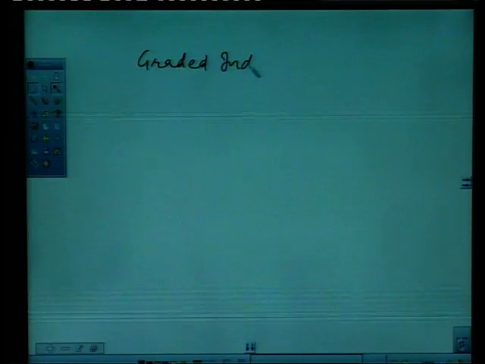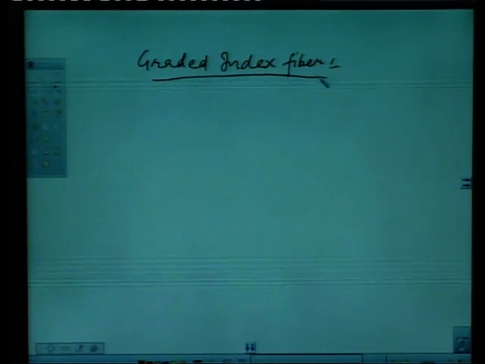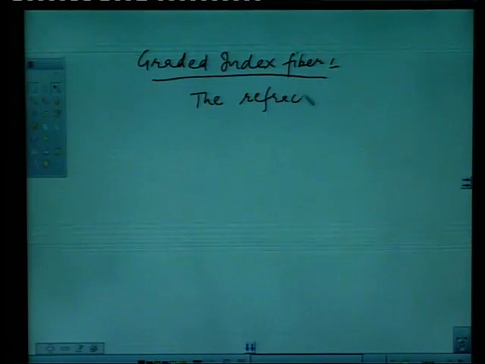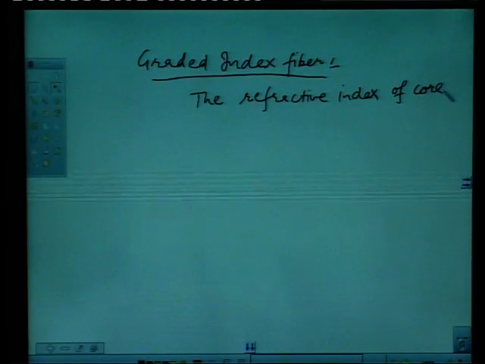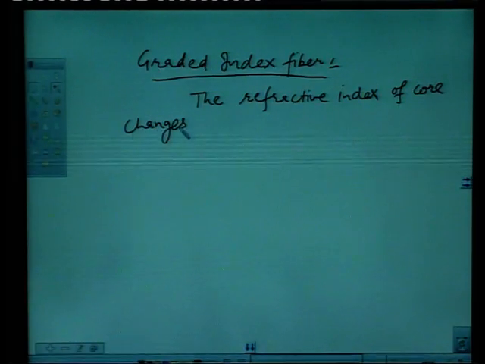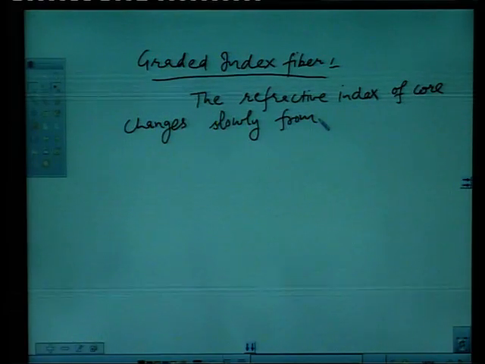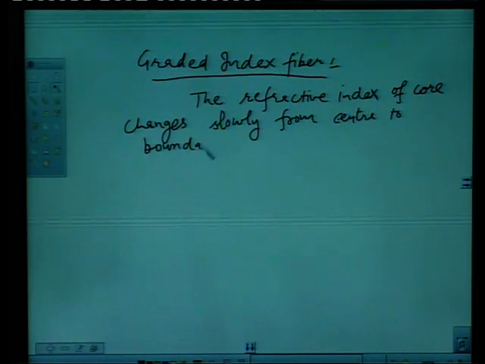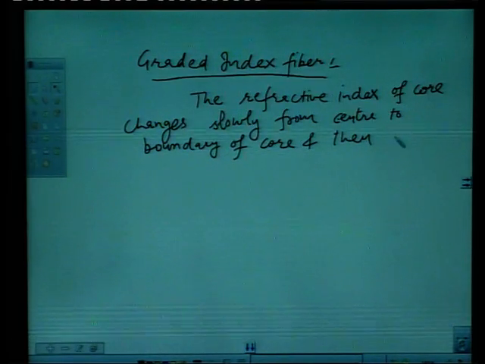The third one is graded index fiber. So the difference between graded index fiber and step index fiber is that the refractive index of the core changes slowly from the center to the boundary of the core, and then to the cladding.